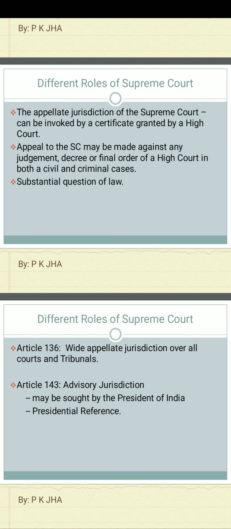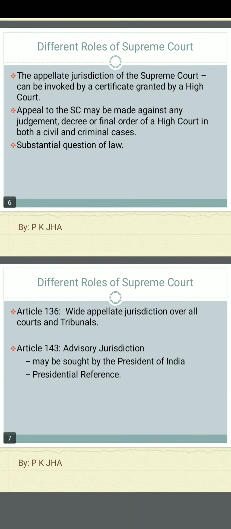Under its discretion, the court may grant special leave to appeal, or receive any judgment, decree, determination, sentence or order in any cause or matter passed or made by any court or tribunal in the territory of India.